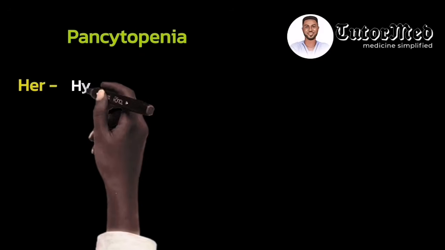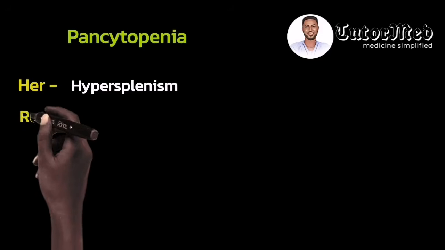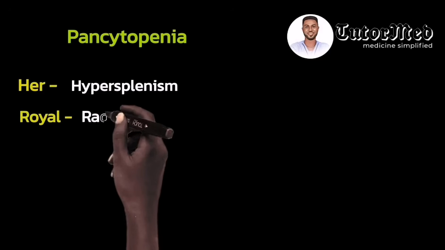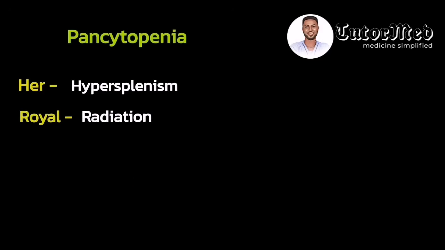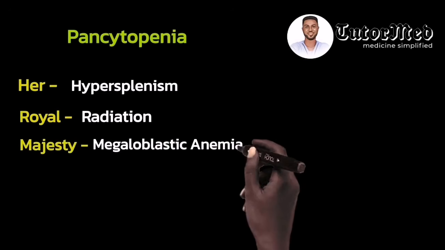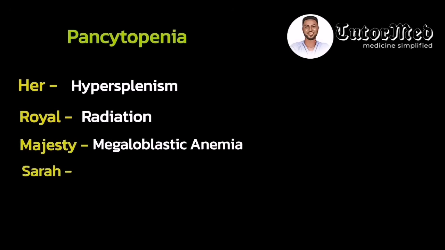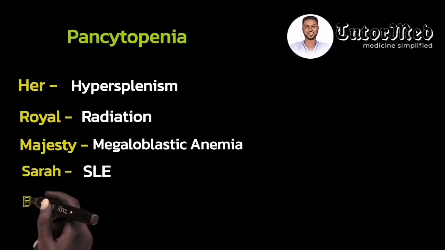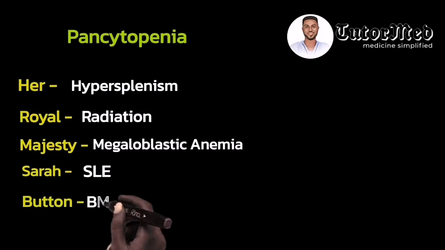Her for hypersplenism. Royal for radiation, exposure to radiation. Majesty for megaloblastic anemia. Sarah for SLE or systemic lupus erythematosus. Button for bone marrow infiltration.